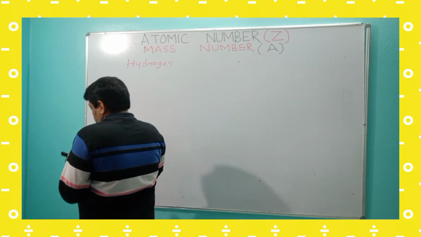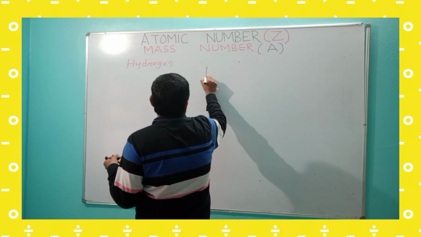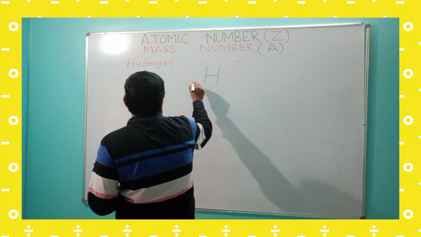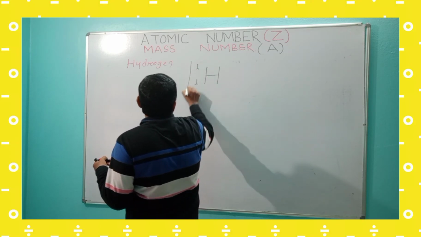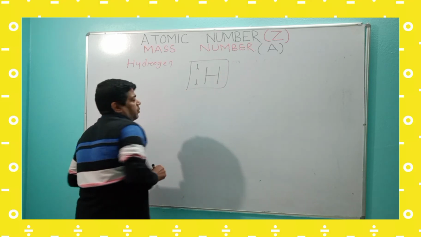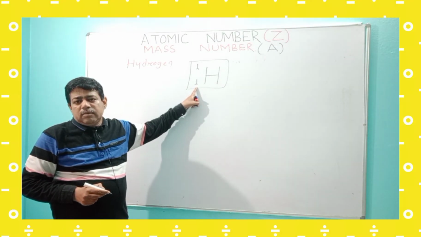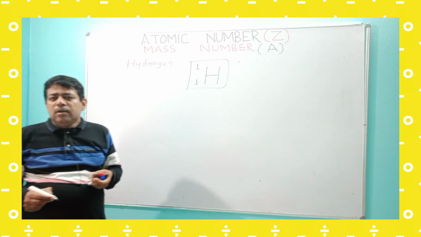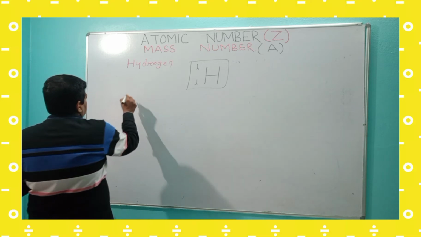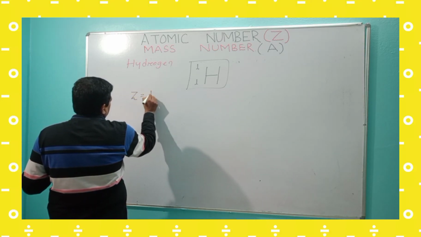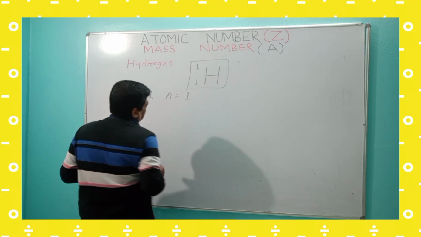Hydrogen is denoted by capital H, and here the atomic number is 1 and mass number is 1. In the subscript we write the atomic number, in the superscript we write the mass number. So the atomic number Z is equal to 1 and mass number is also equal to 1.